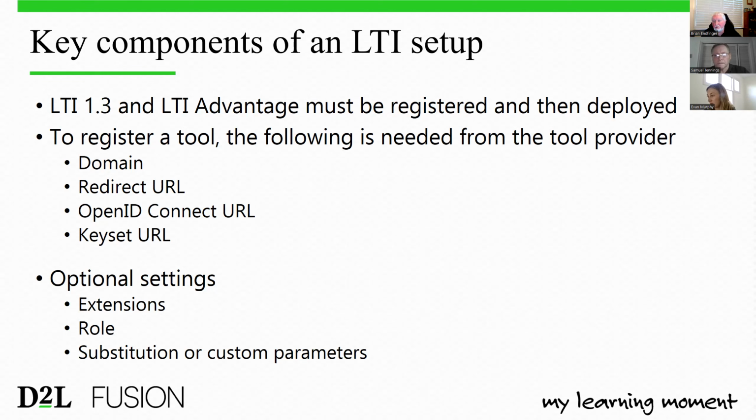And then any other substitution or custom parameters that are required by the external tool. So there could be things that are required, such as IDs or specific page numbers that may get them to the correct content.